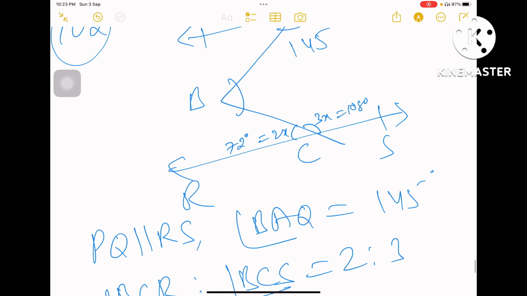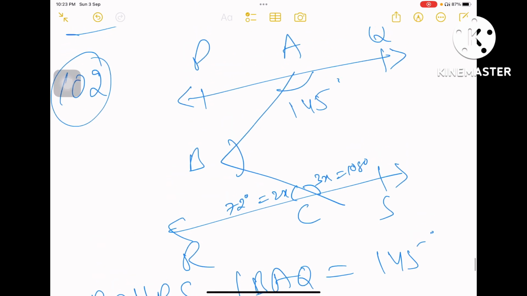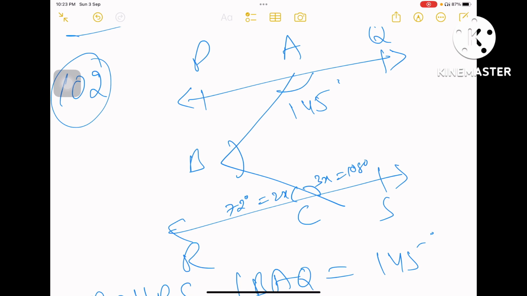So we've got here, this is 72 degrees. This is 108 degrees. Now, what was asked: this is 108 degrees, this is 108 degrees, and this is 72 degrees, this is 72.